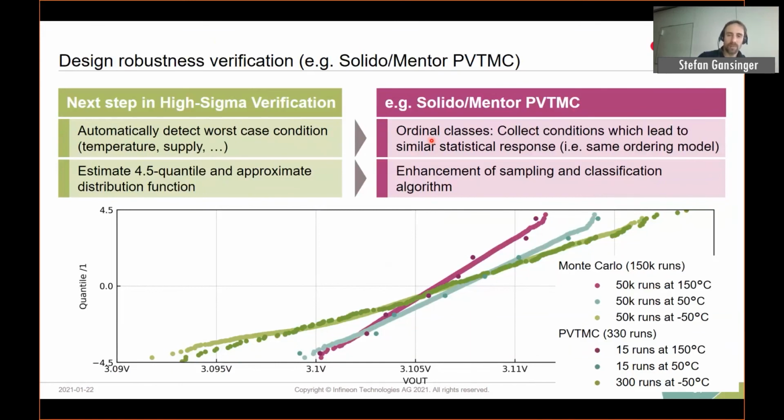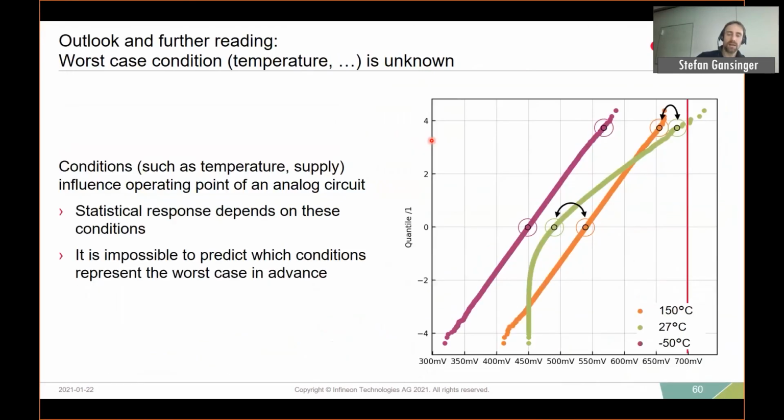So when we look at this graph, the cold and the hot would be from the same ordinal class because the statistical response is quite similar. So we have a normal distribution. Of course, there's a different mean value, maybe also a different standard deviation, but in general, it's similar. The room temperature is different. So this would be from a different ordinal class.